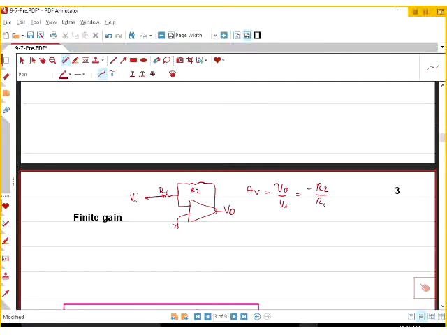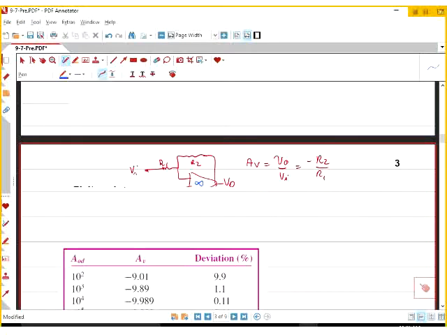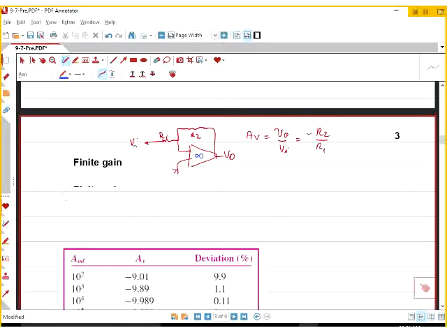This equation is correct only in this condition: if the gain of the amplifier itself is infinite. If the gain of the amplifier is infinite, this equation is correct. However, the gain is not exactly correct. The actual equation would be like this.